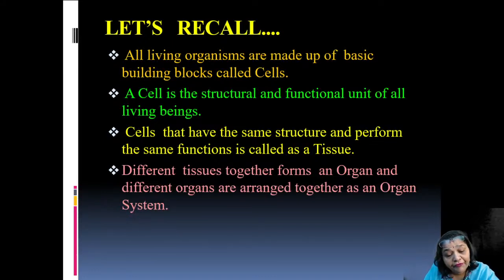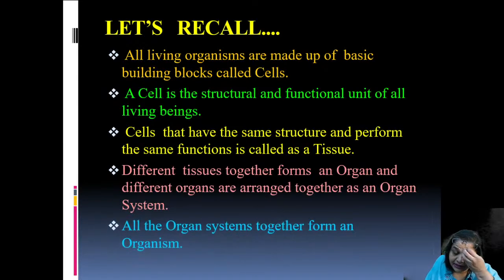And different organs would have arranged together as an organ system. Organ systems like the digestive system, the respiratory system, the nervous system, all these different types of organ systems would have been formed by the arrangement of different organs in them.